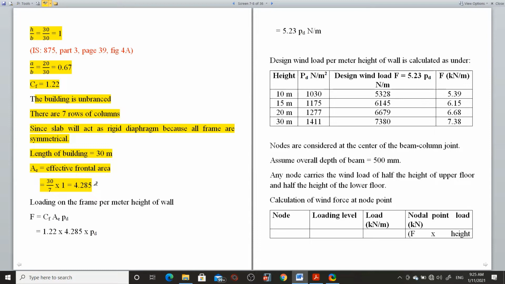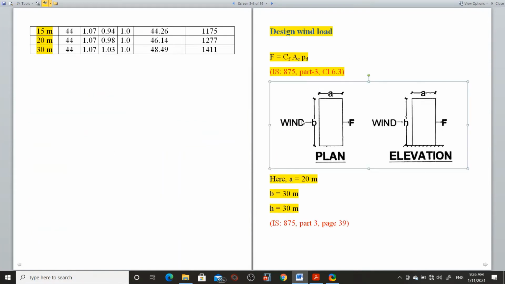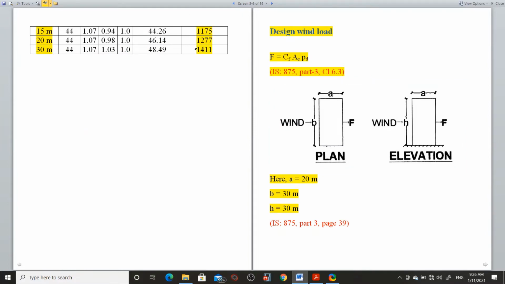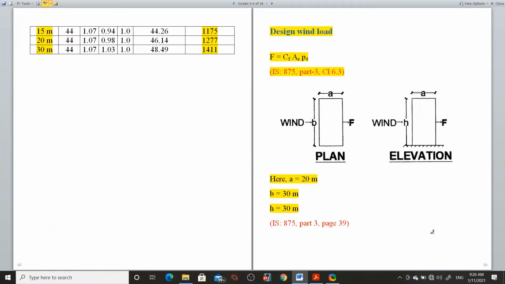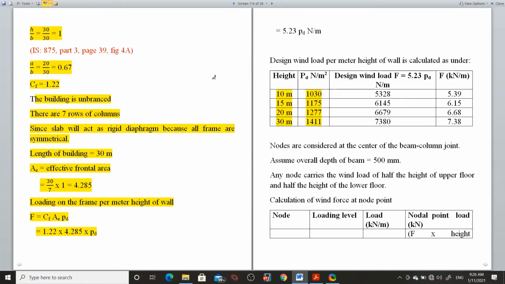The loading on the frame per meter height of the wall is F. Put in all the values and we will find it for 10 meter, 15, 20 and 30. So PD we found earlier, you can see here, the PD pressure for 10 meter, 15, 20 and 30, from this earlier data.